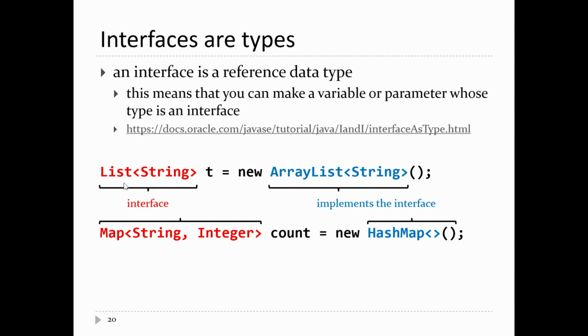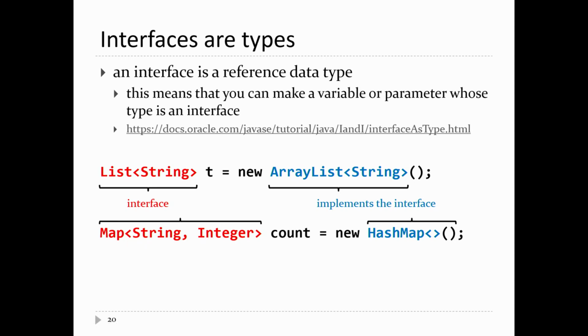So I can make a variable or a parameter, in this case t, whose type happens to be a list of string. Now, in order to make an object that I can store a reference to in t, I have to make something that is actually a list class type, like array list. Array list is one of the classes that implement the list interface.